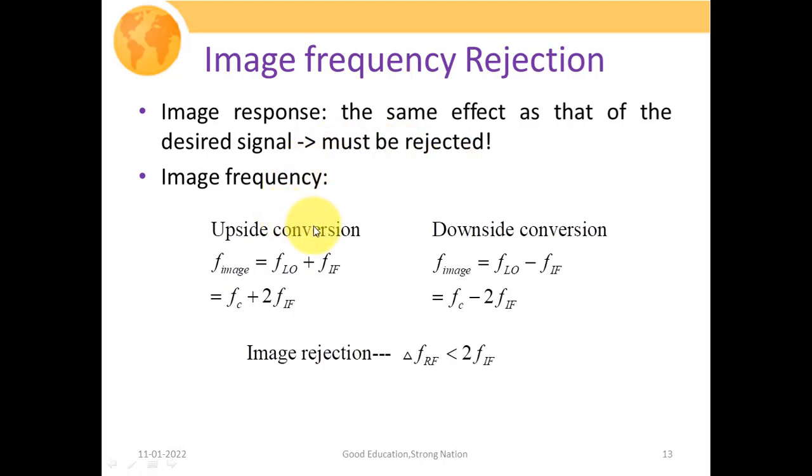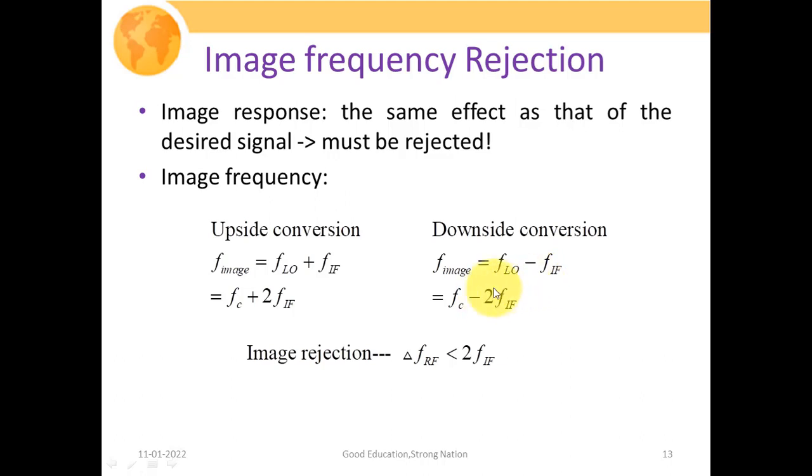If you talk about the image frequency in your up conversion, F of image will be equal to F of LO plus F of IF, which is equal to FC plus 2 IF. Whereas in downside conversion, although in the super heterodyne receiver we are using upside conversion, the image frequency would be evaluated as F of LO minus F of IF.